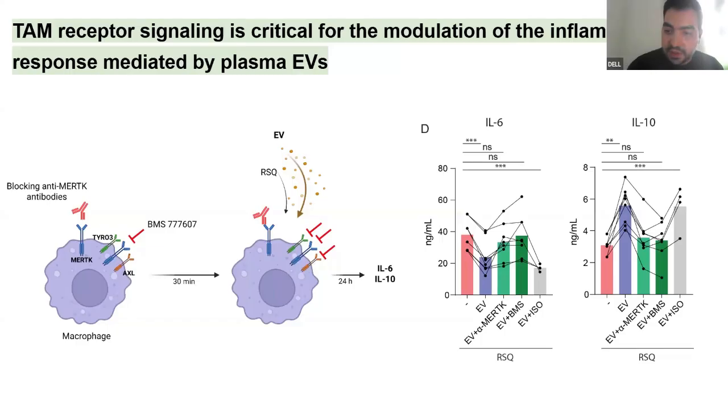And so after that, to assess the functional contribution of MERTK, macrophages were stimulated with prosecuimod in the presence of EVs and pharmacological inhibitors.